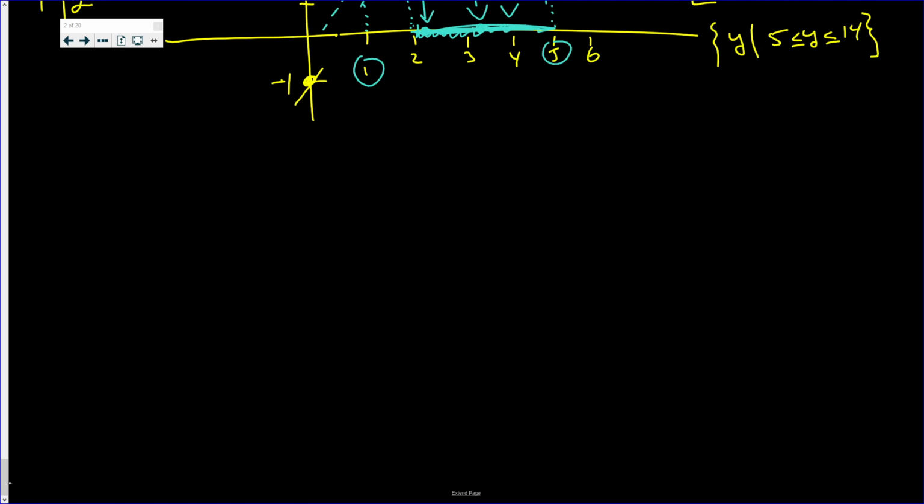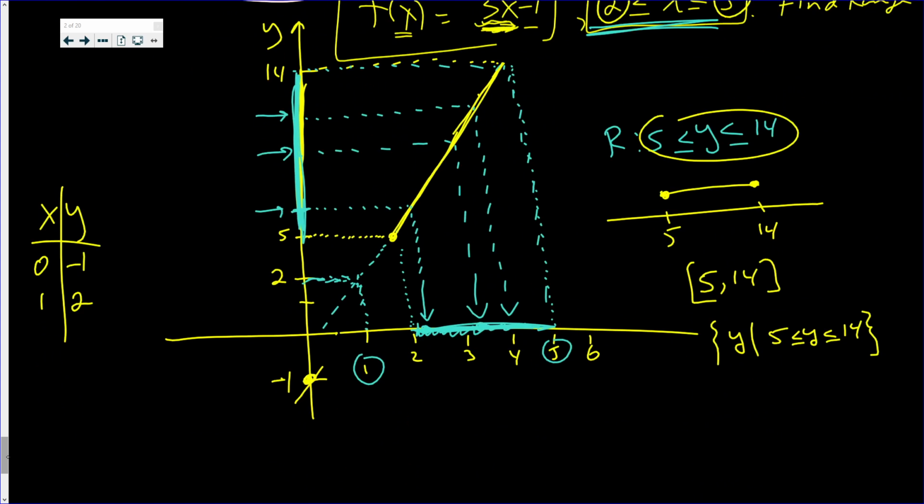Let's try another one. Notice that the lower number, 2, gave us 5, and the larger number gave us 14. The smaller x value gave us the smaller y value.